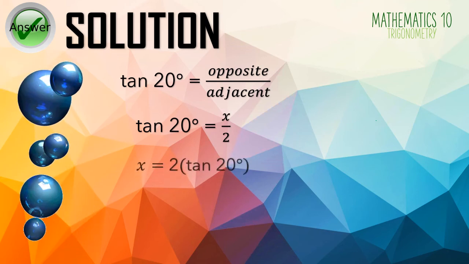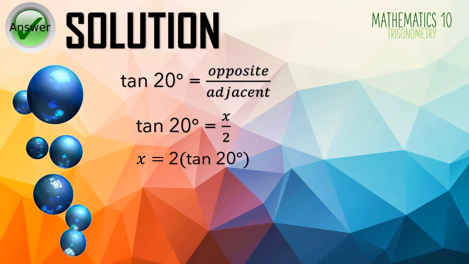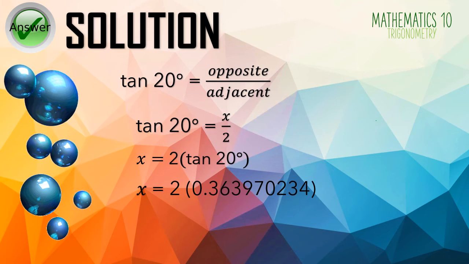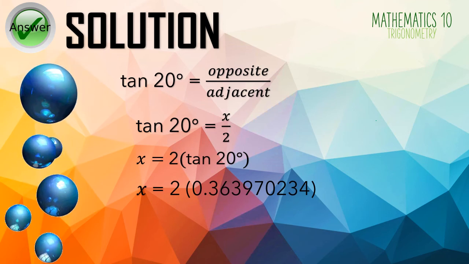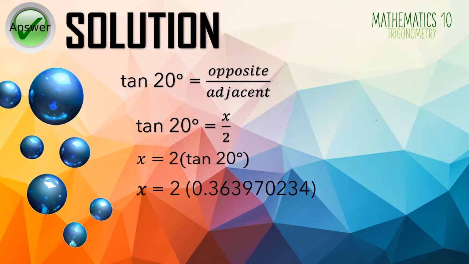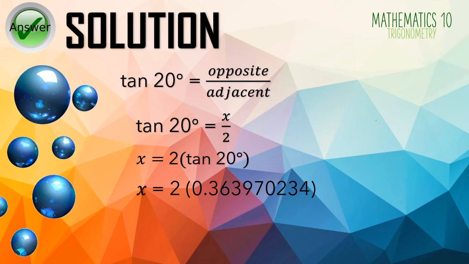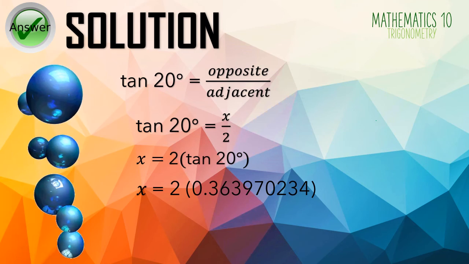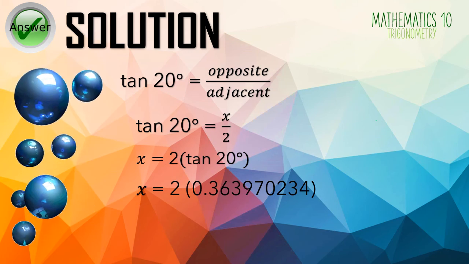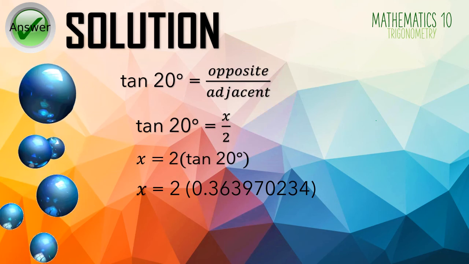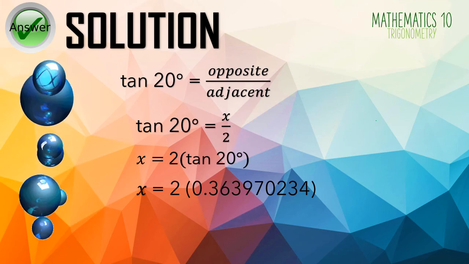Then, cross multiplying, we end up with x equals 2 times tangent 20 degrees. You may directly input that in your calculator, but some may first get the equivalent of tangent 20 degrees and end up with 0.36397023, and then multiply it with 2.